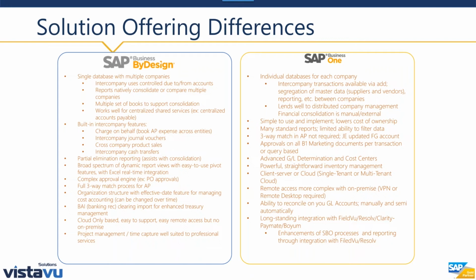So that gives you the ability to have multiple sets of books to support consolidation. This is a very good setup for our clients who are operating in different countries. If you have a Canadian company and a US company, you can choose to do your consolidation in one currency by mirroring journal entries in your parent entity. So it really works well for large organizations that have centralized services.